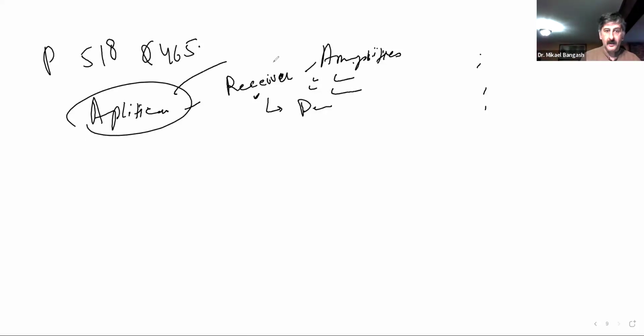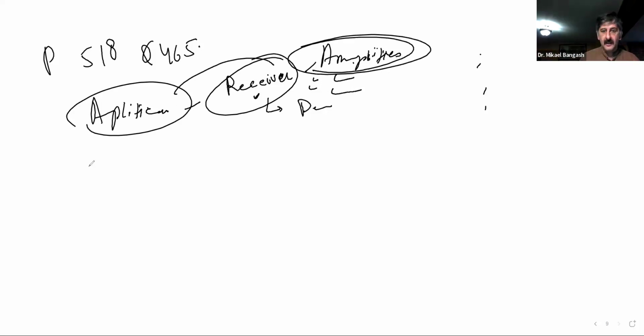Amplifier is just another word for the receiver, mainly because one of the main functions it does is amplification. But please keep in mind, guys, that even in amplification, all signals are evenly amplified. So the strongest signal still remains the strongest, and the weakest signal still remains the weakest.